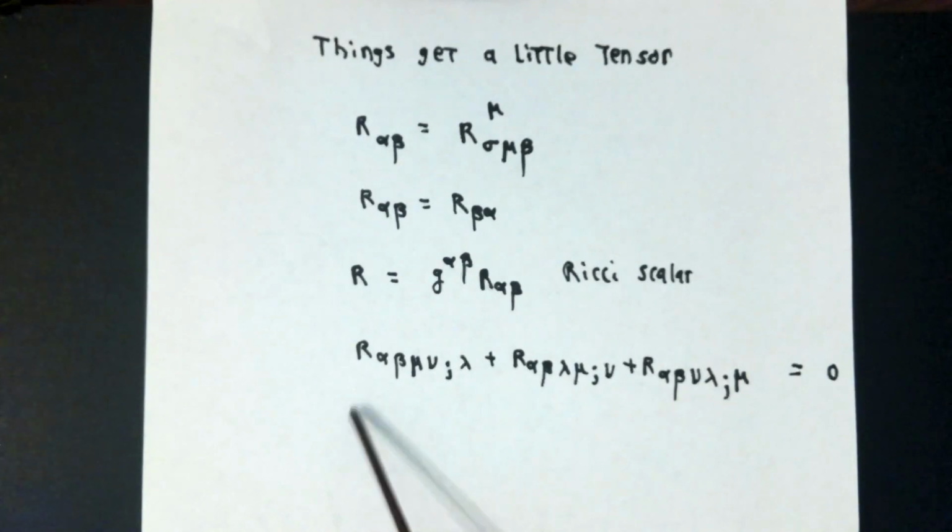I'm going to take this identity, I'm going to multiply it by metric tensor components in the upstairs position, and sum over one of the indexes, and sum over two of the indexes.